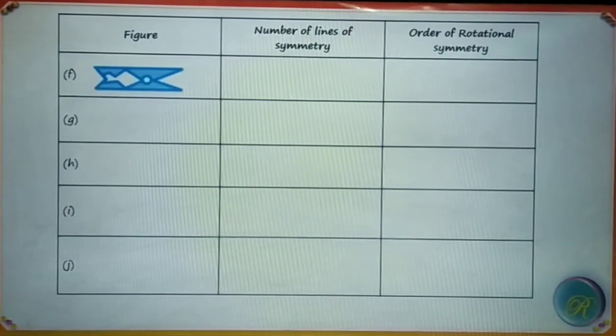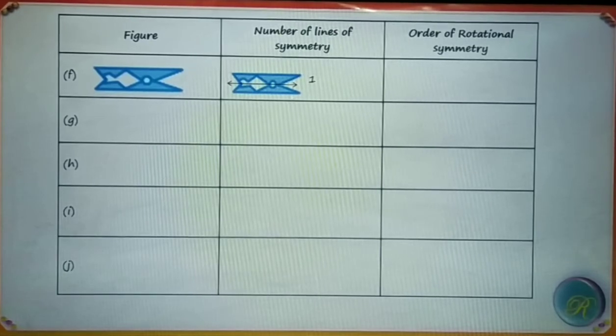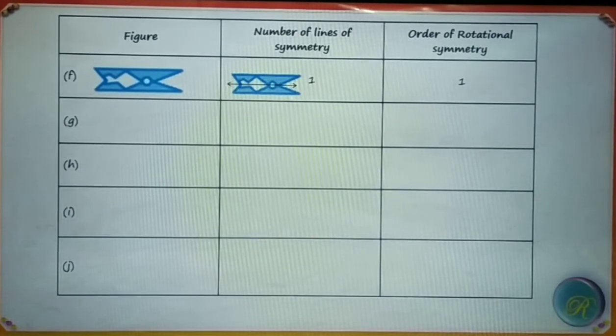Figure F. Number of lines of symmetry 1. Horizontally we can draw. Order of rotational symmetry 1, because angle of rotation is 360 degree.